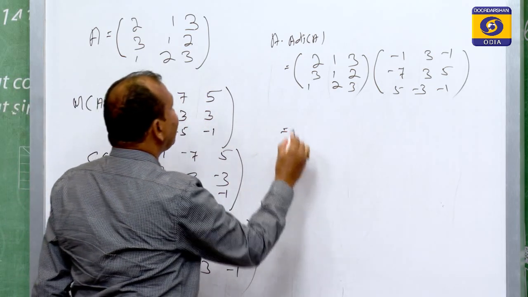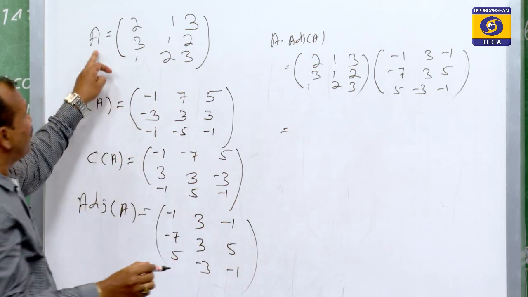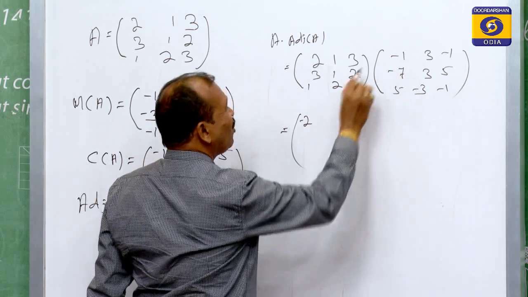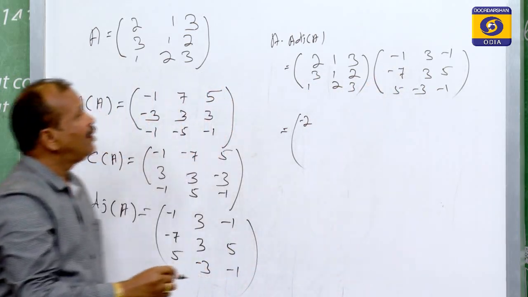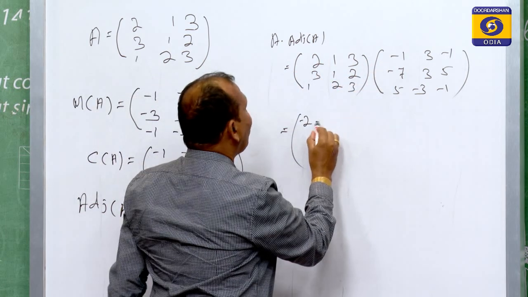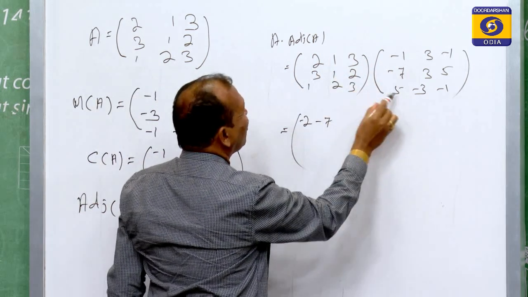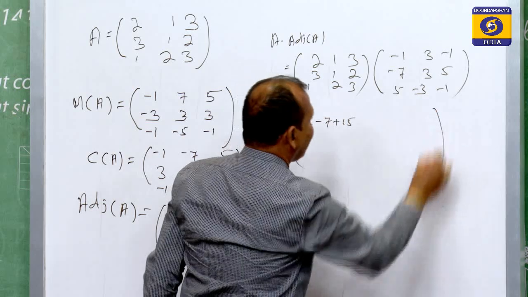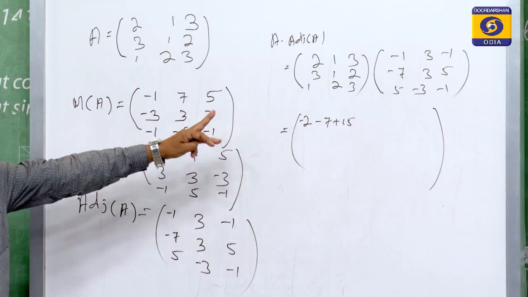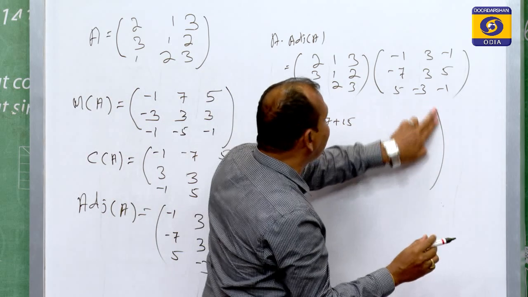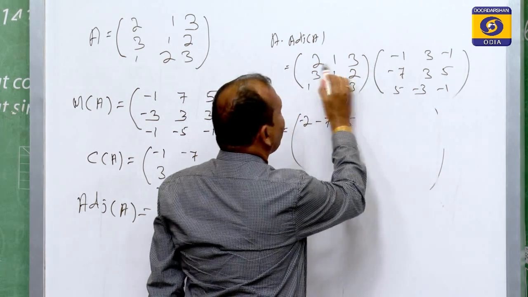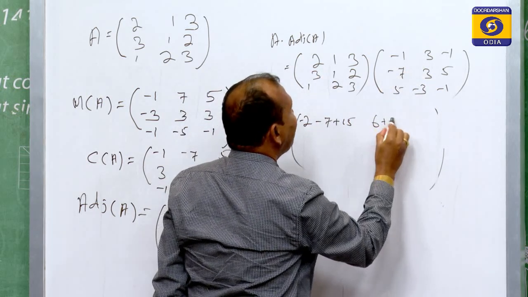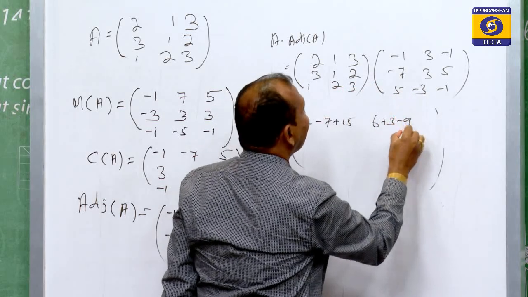That becomes minus 2 minus 7 plus 15. The second element, first row of the second column, is equal to 6 plus 3 minus 9.